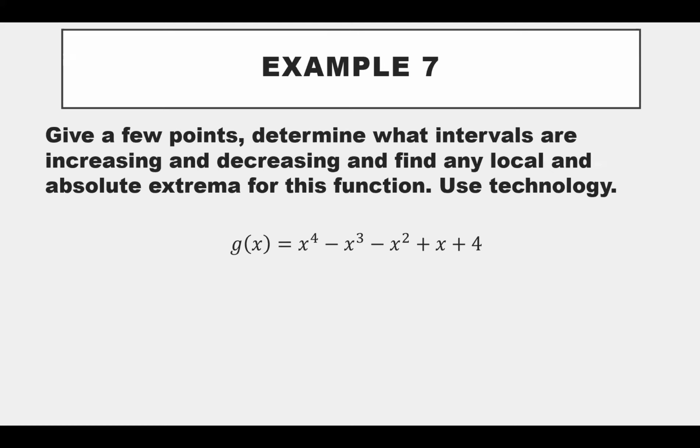And let's find a few points on that graph, determine the intervals where it's increasing and where it's decreasing, find any local maximum and minimum values, maximum and minimum points, find any absolute maximum and minimum points, maximum and minimum values. For this, we're going to be using technology to make our lives a little bit easier.